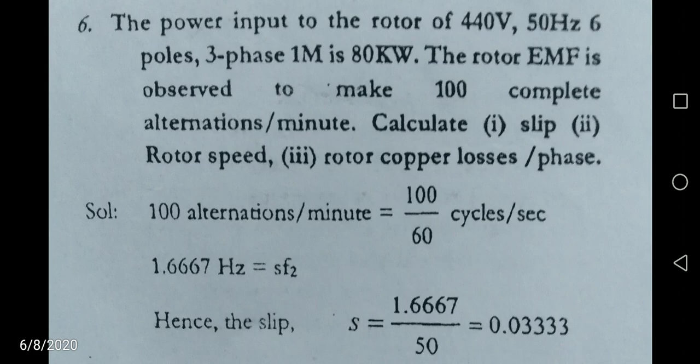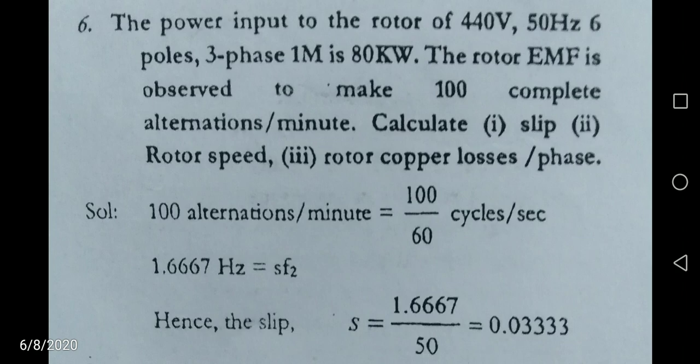So 1000 into 1 minus 0.03 equals 0.97 into 1000.